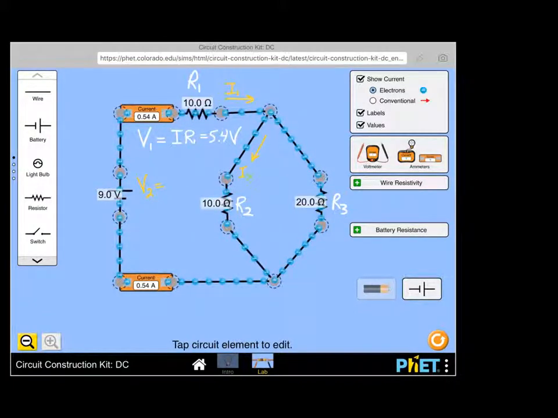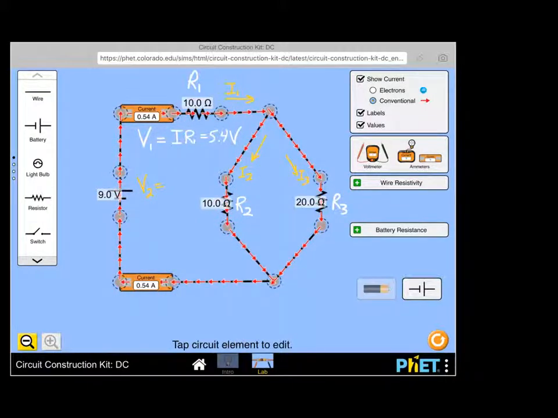We can call that current 2. We want to switch. Let me switch to conventional just for grins. And we could call this I3. All right, so switching to the conventional current flow, which is the opposite of the electrons flowing.